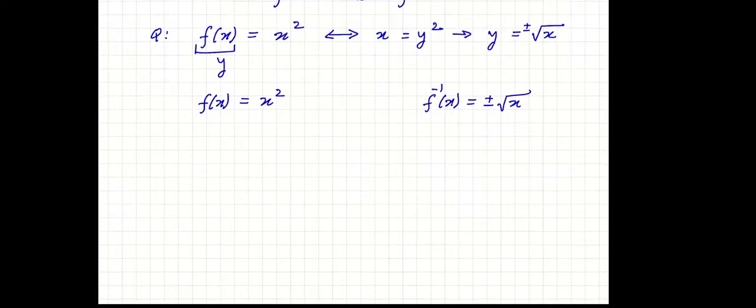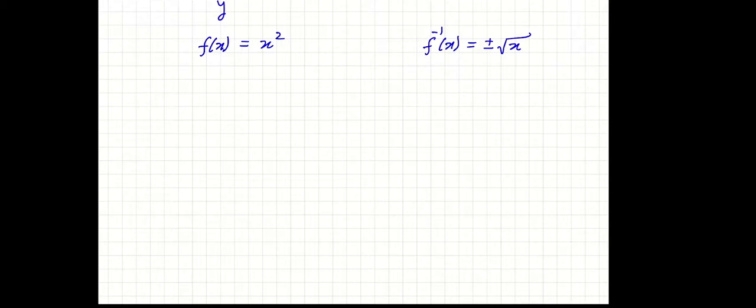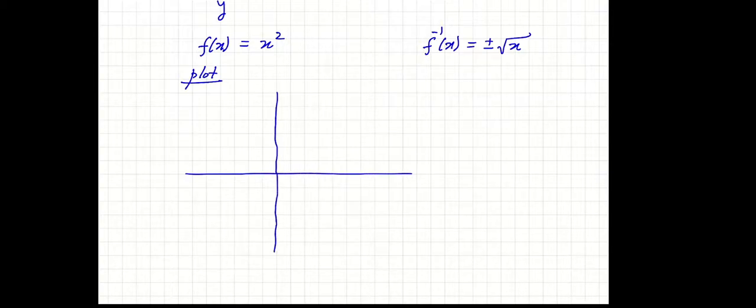So we'll try to plot it. Okay, plotting is like this. You know y is equal to x squared is like this. Then what about square root of x? Square root of x is like this, right?